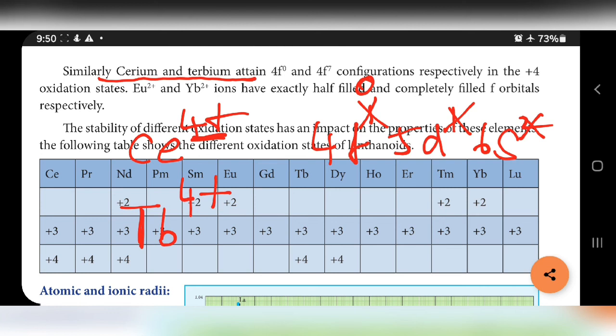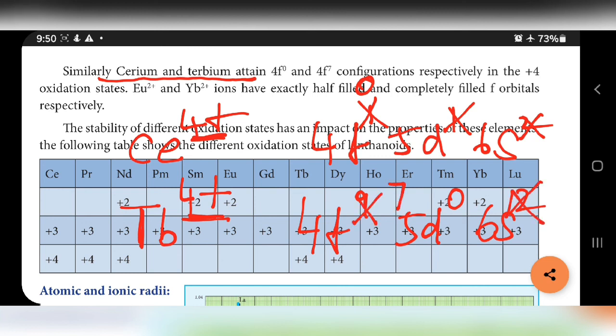Like that, terbium has electronic configuration 4f9 5d0 6s2. 4+ means 4 electrons need to be removed, so 2 from here and 2 from here, and you get 4f7, that is half filled.